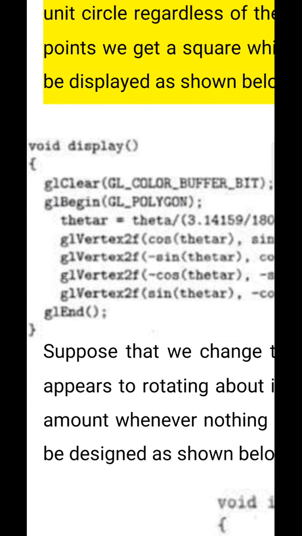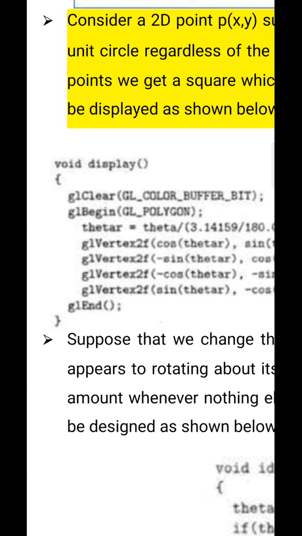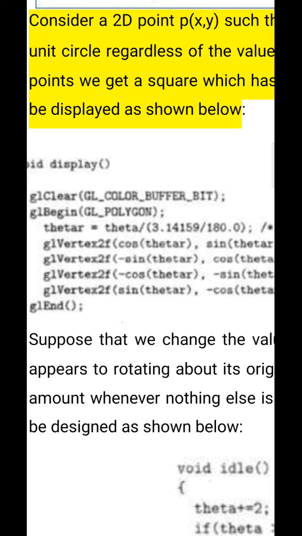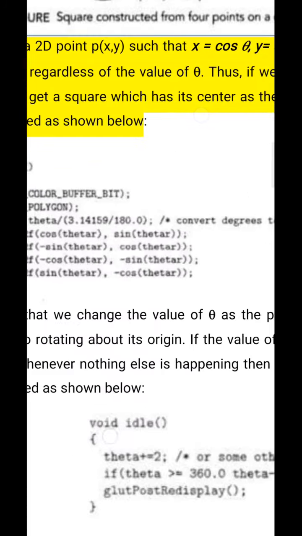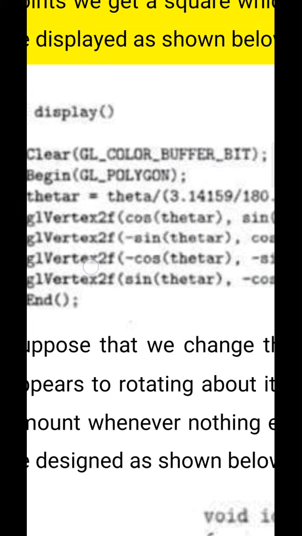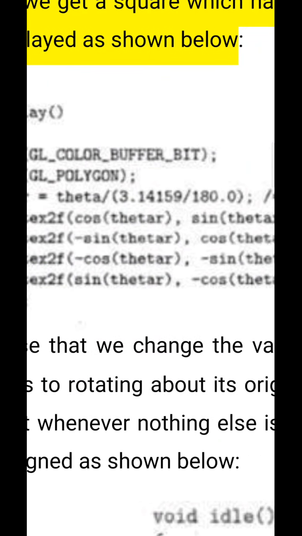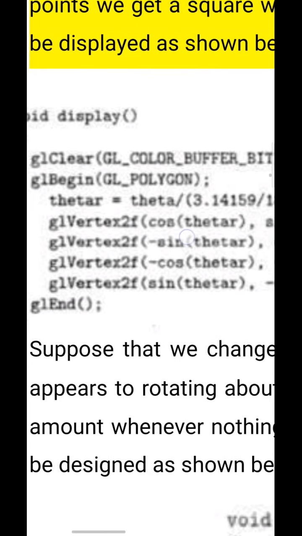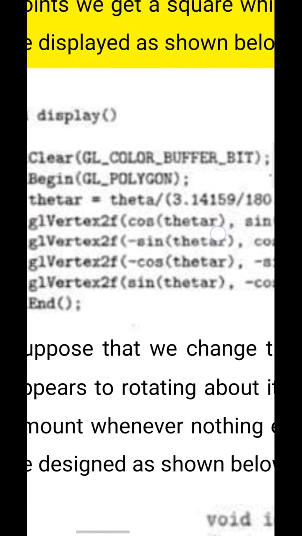Now you have to consider four different vertices, where each vertex is nothing but a pair of values, the x coordinate value followed by the y coordinate value. Now don't mention cos of theta, instead please remember to mention cos of theta r. glVertex2f, since it is a two-dimensional coordinate system. F because real, floating point values are to be taken, because fractional values, that pi and all, come in here. So 2f is written instead of 2i.